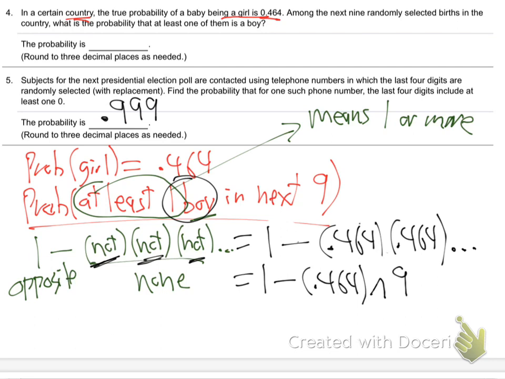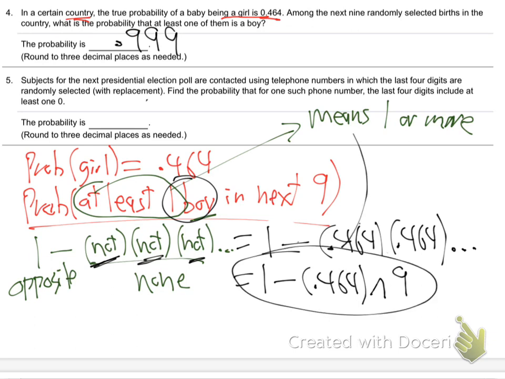Very, very likely that you're going to get at least one boy in the next 9 births. So this answer becomes 0.999.